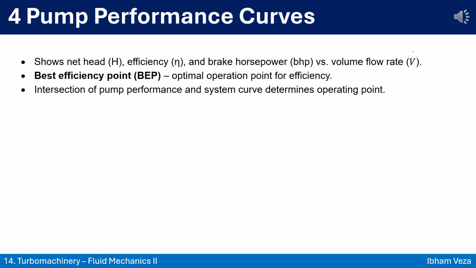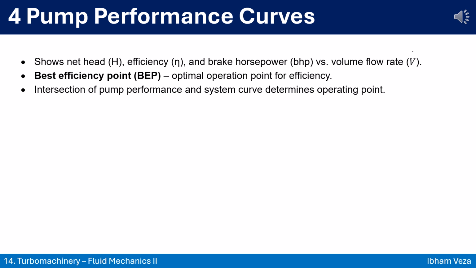The most critical point on the performance curve is the best efficiency point, or BEP. This is where the pump runs most efficiently, where energy losses are minimized, and where the machine performs at its peak. Operating at or near BEP ensures reliability, energy savings, and longevity of the system.